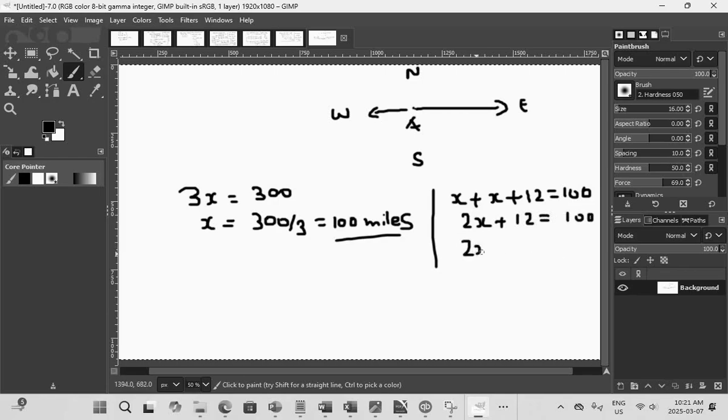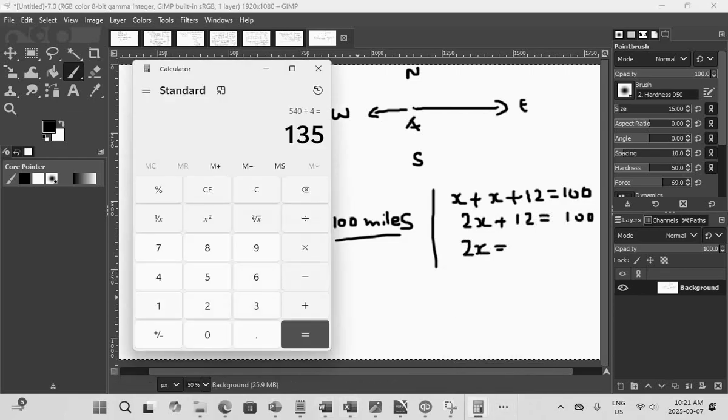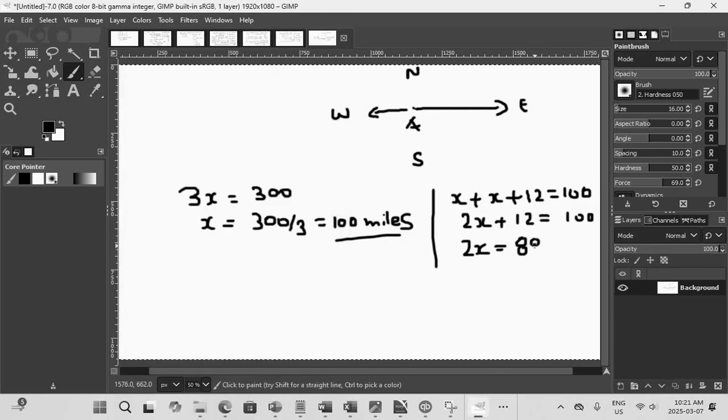So we know that 2x will be 100 take away 12, which is 88, divided by 2. This will be 44. So 2x is 88 and x equals 44.